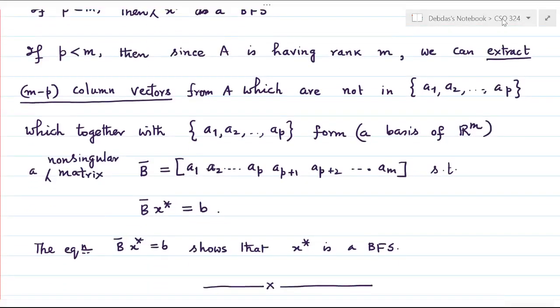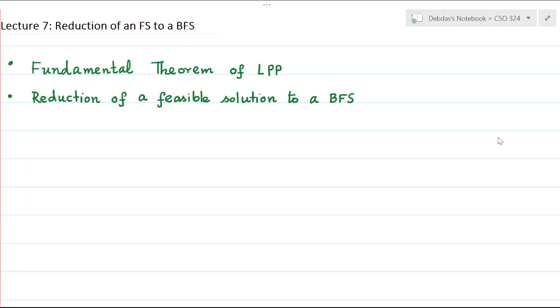Today, with the help of the results that we have described so far, if we recollect, we described at first that if there exists an optimum solution to a linear programming problem, then the optimum solution must coincide with one of the vertices. Then we proved any vertex is a basic feasible solution.